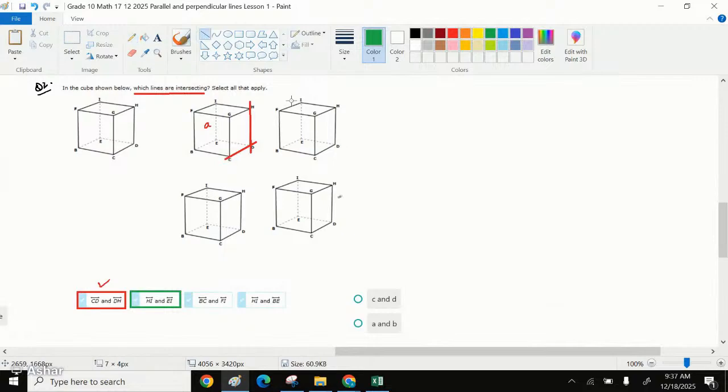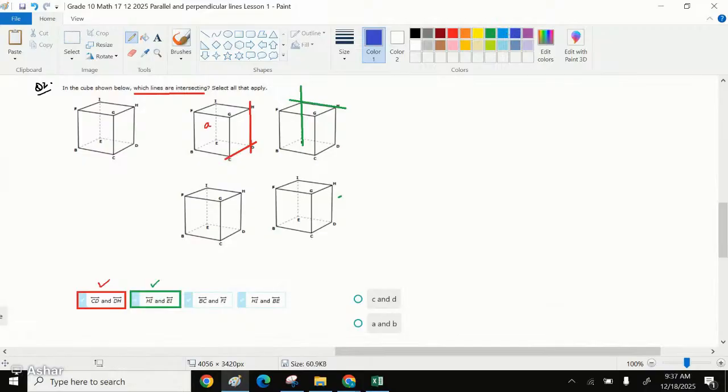HI is this, and EI is this line. That means they are intersecting because they have a common point. BC and FI will surely not intersect because they don't have a common point. They can be skew or they can be parallel, but they cannot be intersecting because there is no common point.